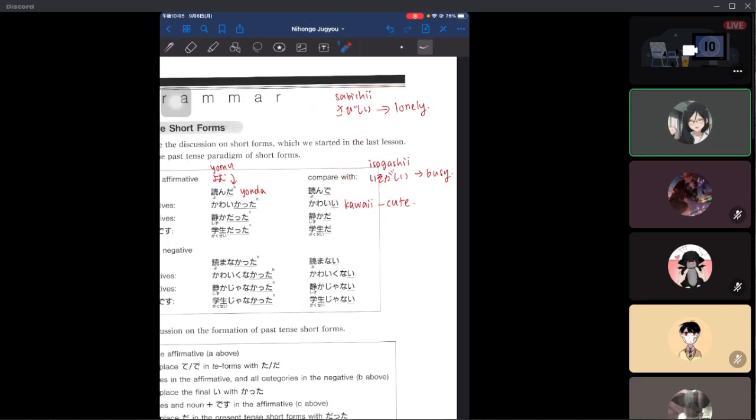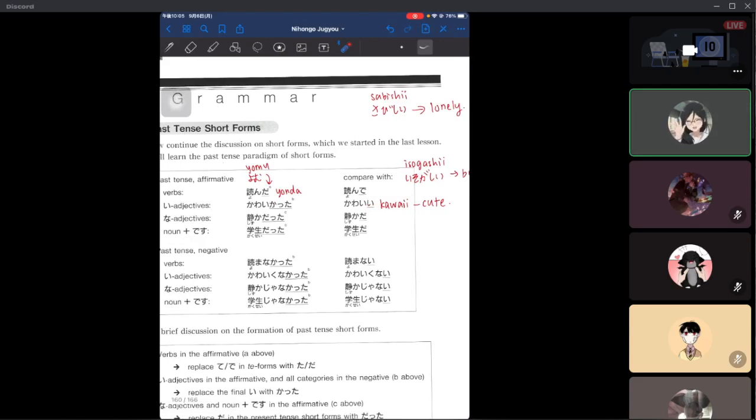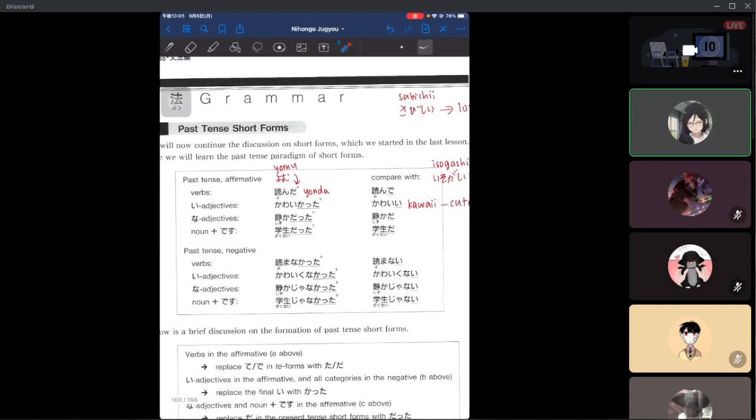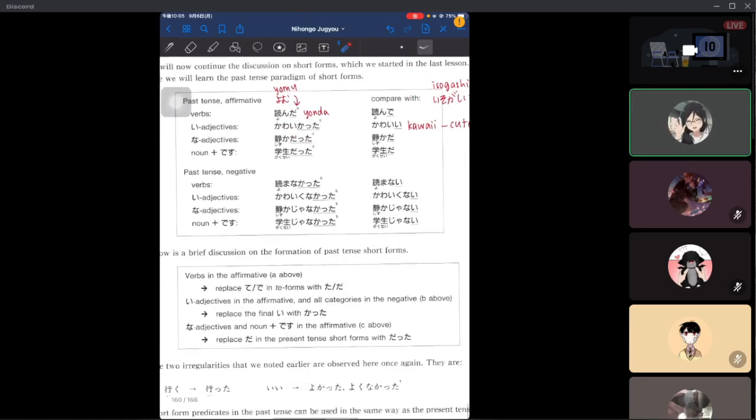If you notice, it ends with e at the end. So basically, to conjugate it into past tense, you take the e here, and then you just change it to kata. So this one I shall write on this new page.